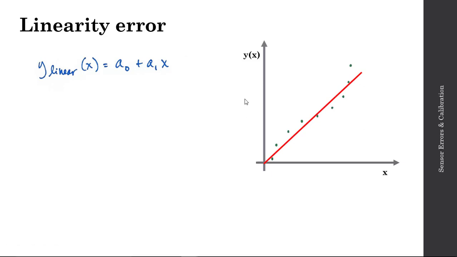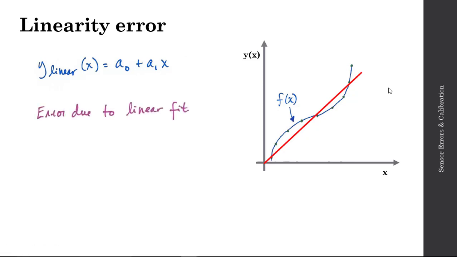The problem here is that there may be some curvature, let's say, to the model of the sensor, and what I've drawn in blue here might be the actual function describing the sensor performance. So the linear fit in red is really an approximation. And because of that approximation, we're going to have some linearity error.